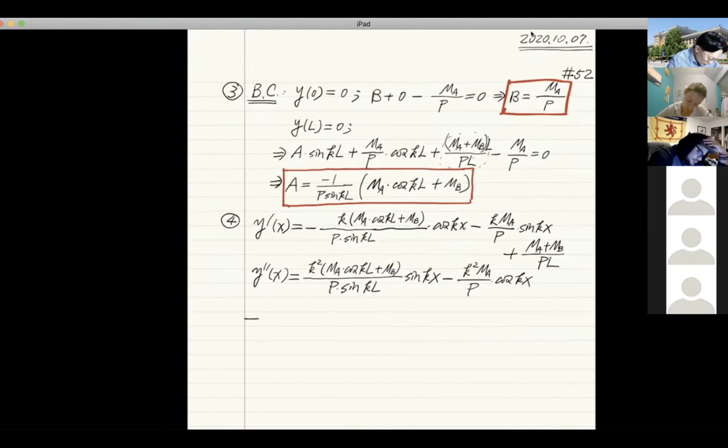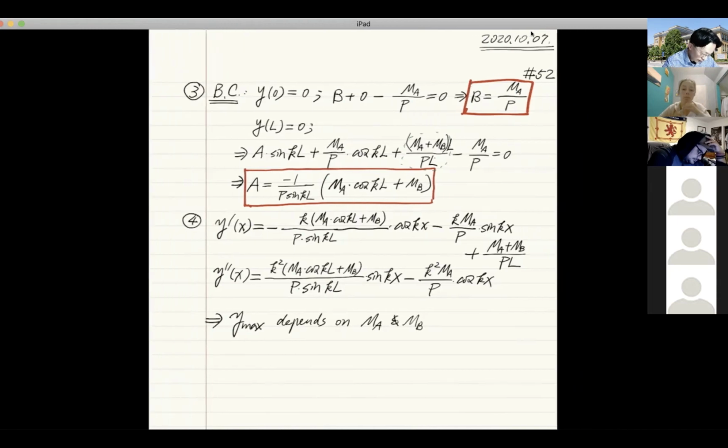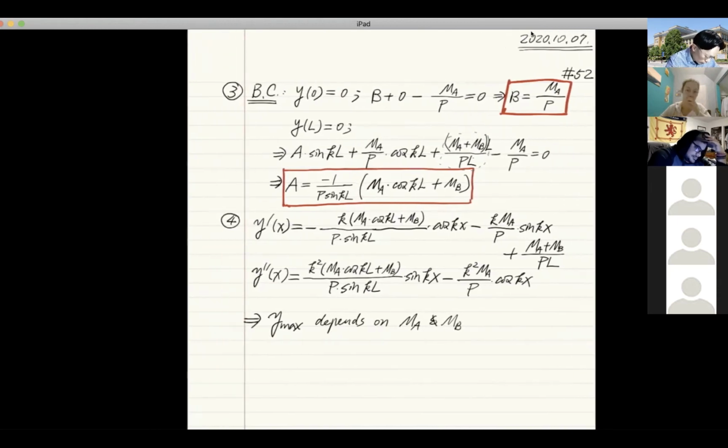Now what we know is that the maximum deflection, obviously, we don't know the location because it really depends on the ratio between MA and MB. So what we know is that the maximum deflection depends on MA and MB, not just the values, but also their signs. For maximum moment, as you know, the maximum moment is the internal moment that equals negative EI of Y double prime.